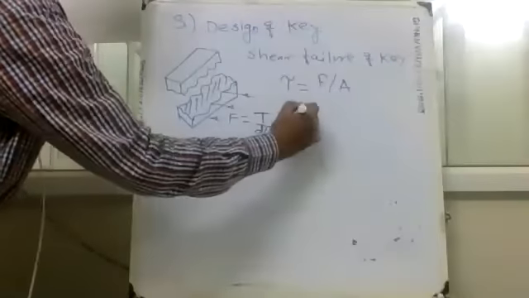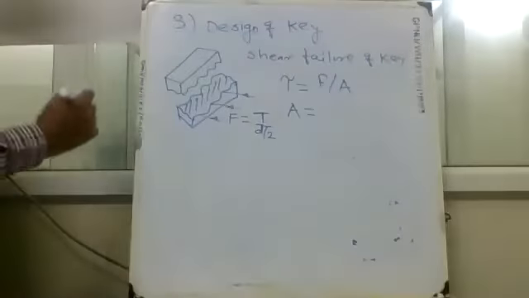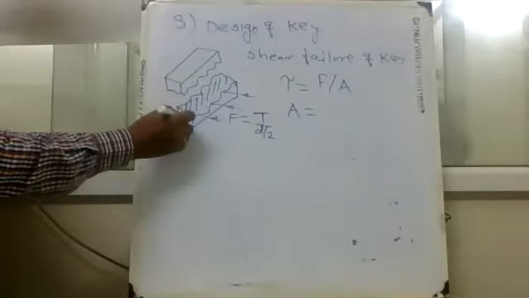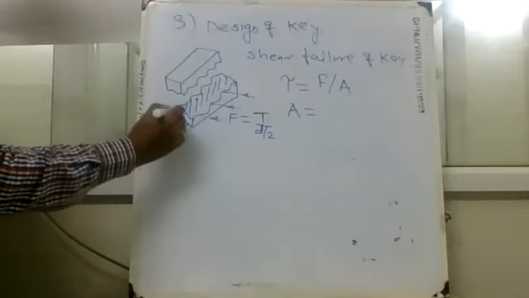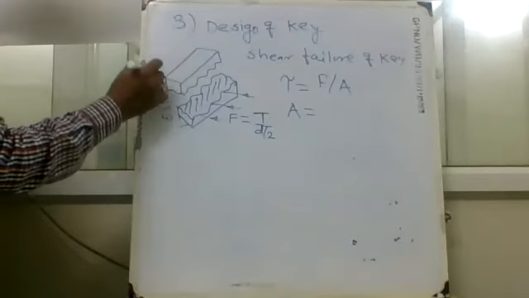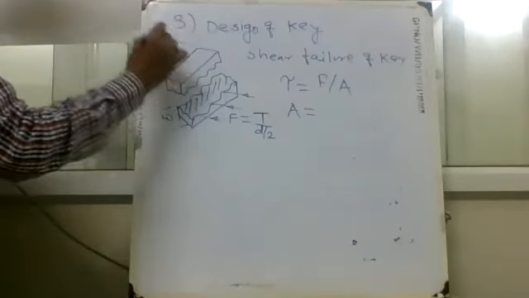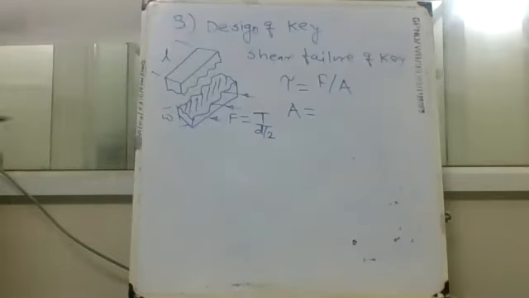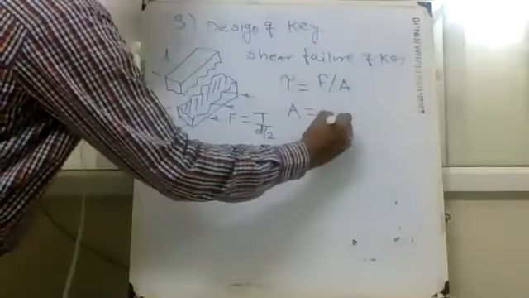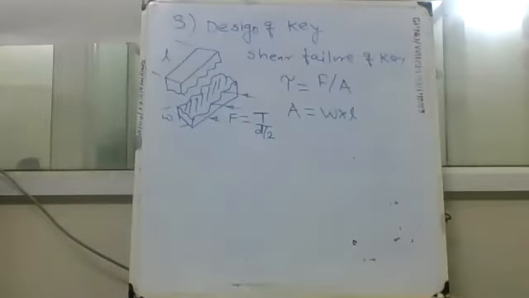Here the area, now when we think about the shear failure area, this is the width of the key and this is the length of the key. So shear area will be W into L. So this is the shear area.